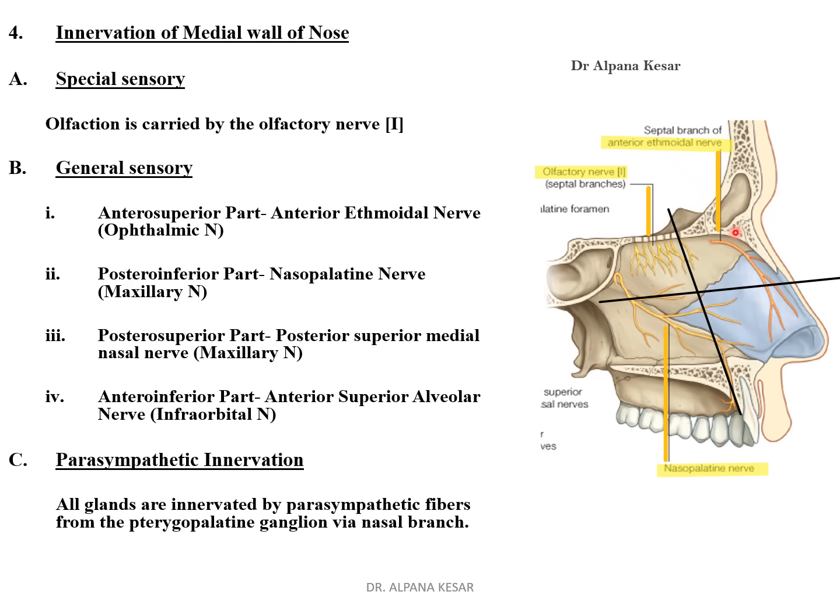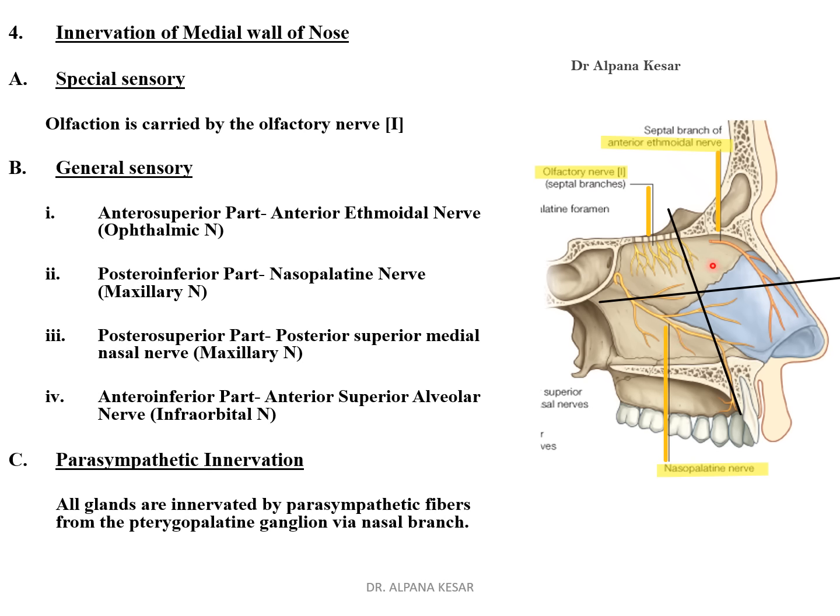The anterosuperior quadrant is innervated by anterior ethmoidal nerve, which is a branch of ophthalmic nerve. The posterior-inferior compartment is innervated by nasopalatine nerve, which is a branch of maxillary nerve.